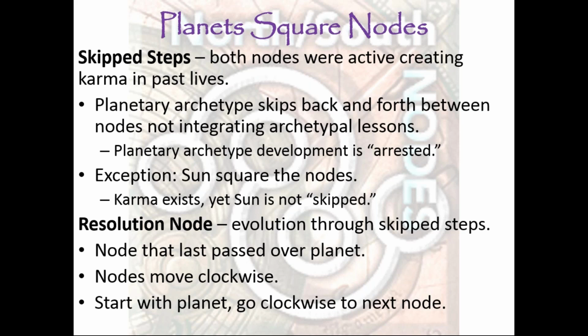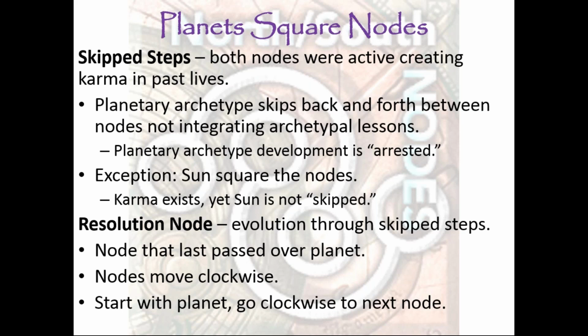When a planet, though, is square the nodes and it skips back and forth between the two nodes and does not evolve that archetype, we have to look for a way out. We have to look for a way to resolve it. And so in EA, we will call it the resolution node. And that's how we learn to evolve through the skip steps.